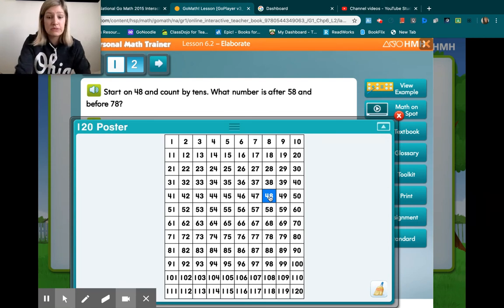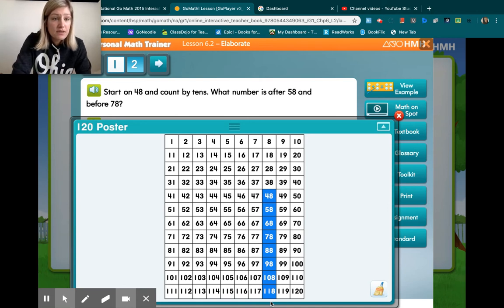So count by tens with me. 48, 58, 68, 78, 88, 98, 108, 118. So we know we counted by tens because we stayed in the same column.